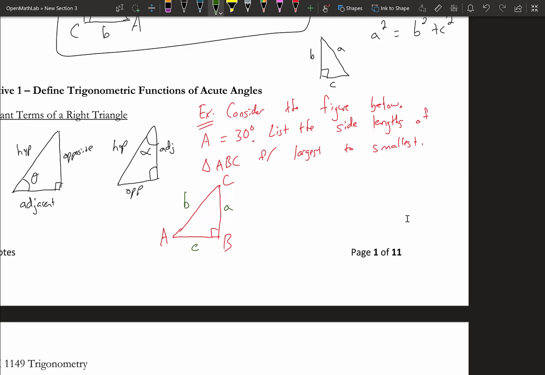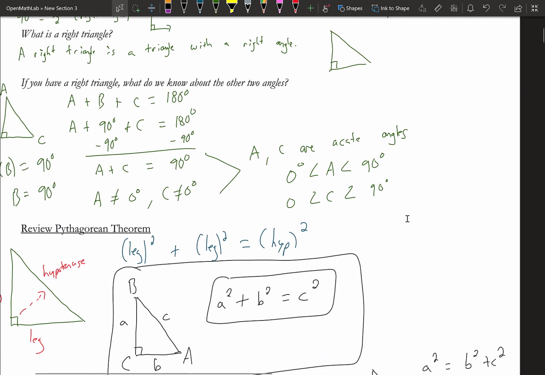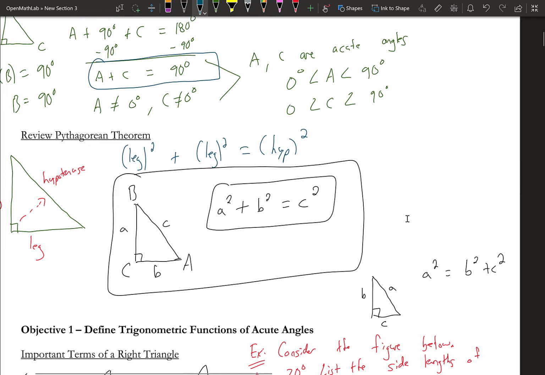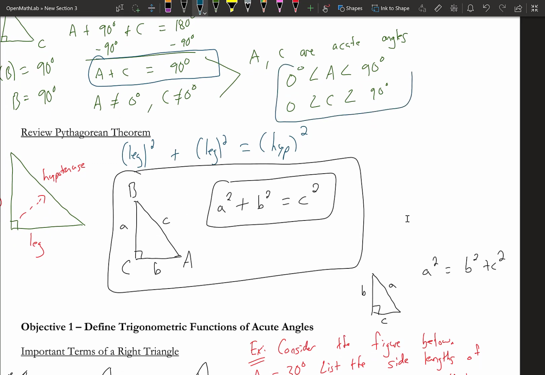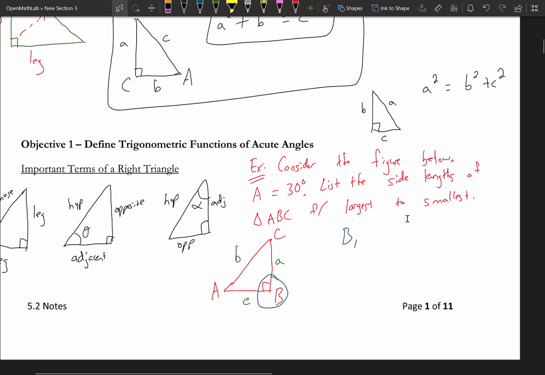So if we want to list these in order from largest to smallest, I know that B has to be the biggest, because it's a 90-degree angle. If we know we have a right triangle, what are the other two angles? Well, if A plus C equals 90, and A or C are not able to be equal to 0 or 90, then the right angle is always going to be the biggest, because A is going to be between 0 and 90, and same with C. So we know B is the largest.